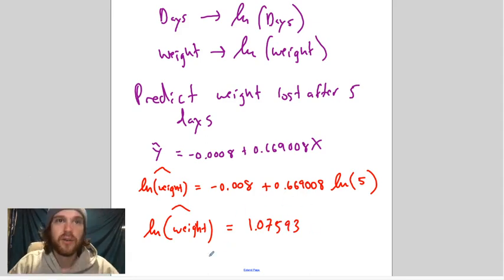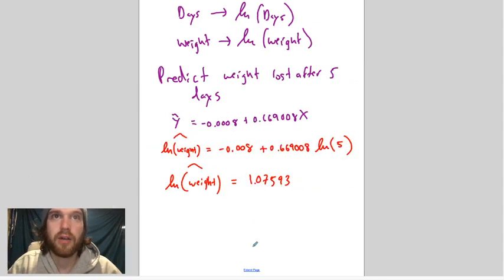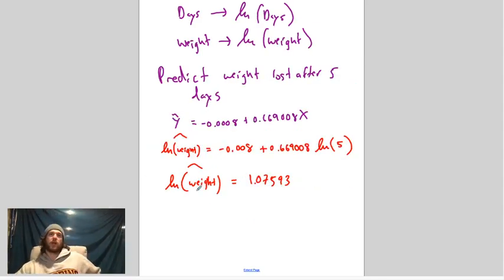That is not the predicted weight loss. That's the natural log of the predicted weight loss. So what I have to do to undo the natural log is raise e to the power of 1.07593. So my predicted weight is equal to e to the 1.07593.